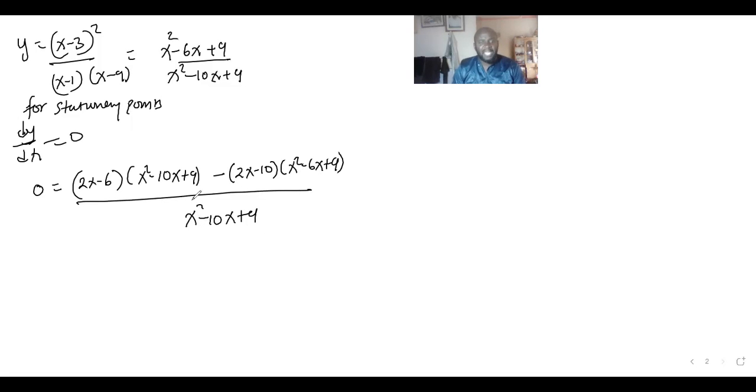When you cross multiply, I told you even if you don't write the denominator here, because it cross multiplies to 0.